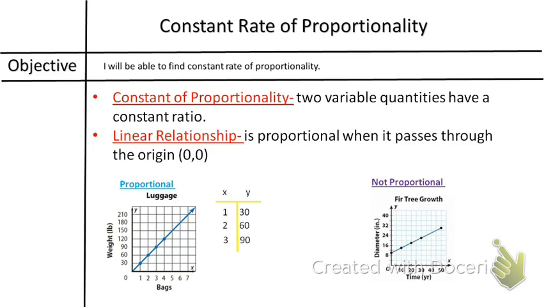Okay, so what I did was create the table for a proportional graph. This goes back to the constant rate of change of what we were doing. Our formula for constant rate of change was k equals y over x. So our y value was 30 over our x value of 1, so our constant rate of change is 30.